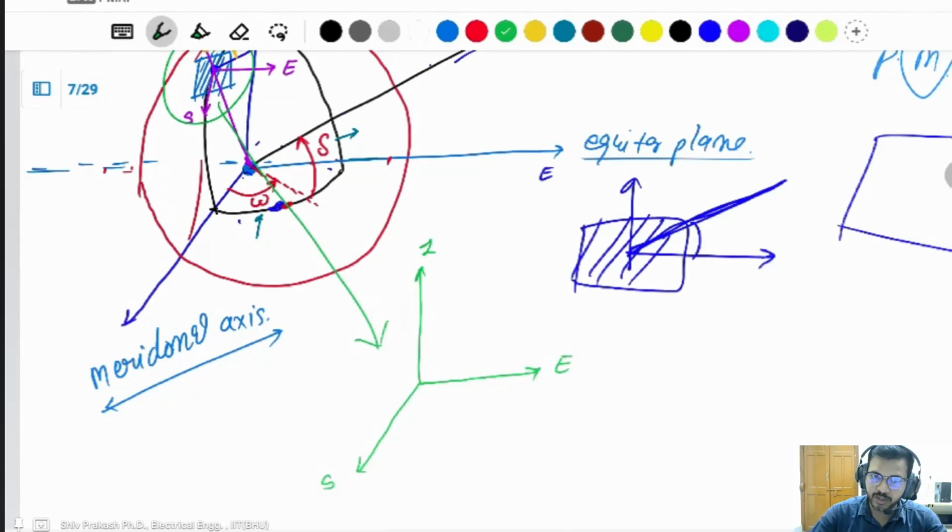East and south are both on the earth, and zenith is the top of the earth. If you take a straight line from the center of the earth to the top of the earth, this is known as the zenith axis. South is the downside, and east is the east side.